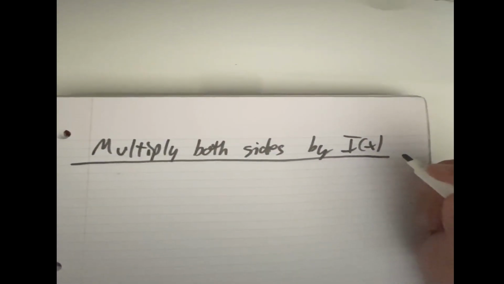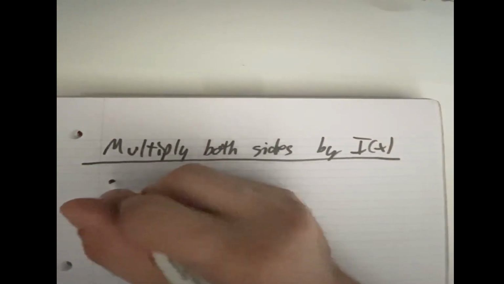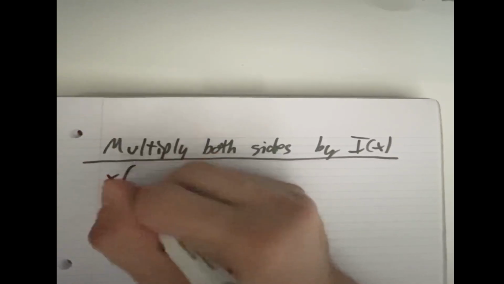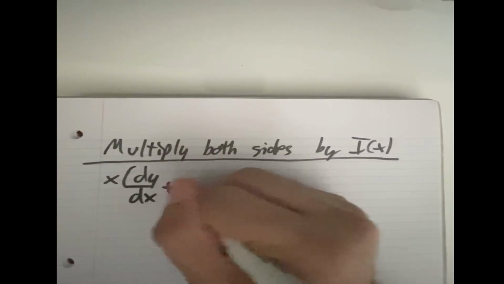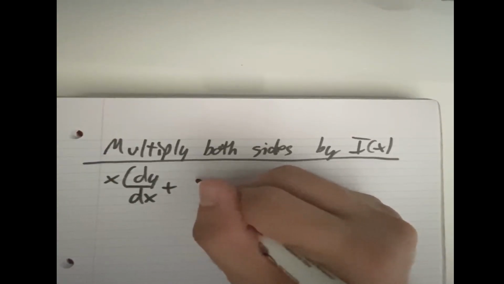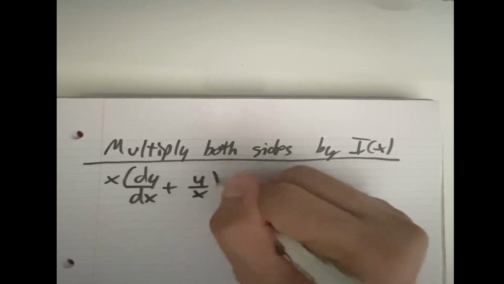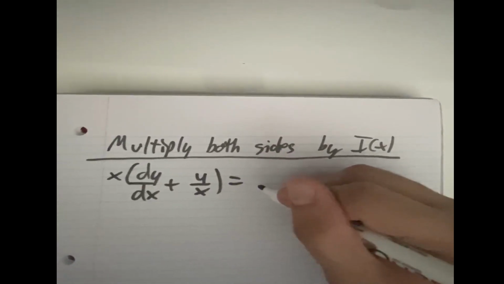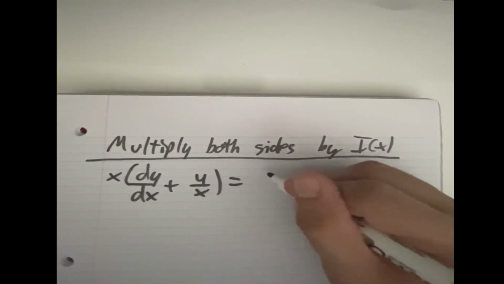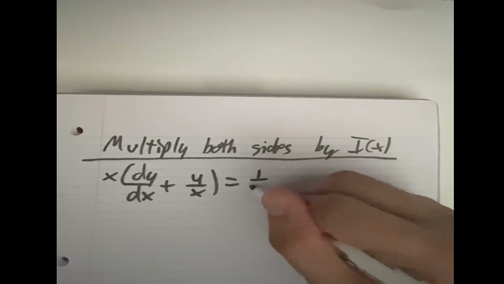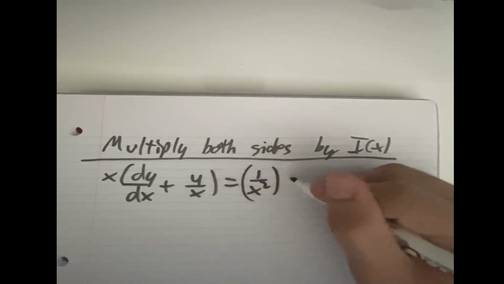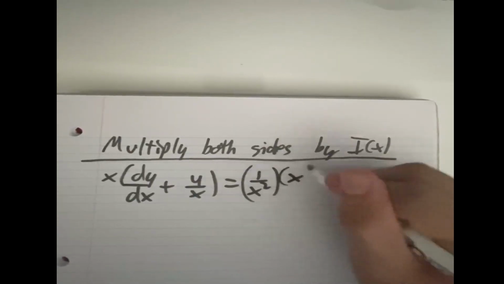So our integrating factor was x. So we multiply x times dy over dx plus y over x is equal to our Q of x. And our Q of x was simply 1 over x squared times our integrating factor of x.